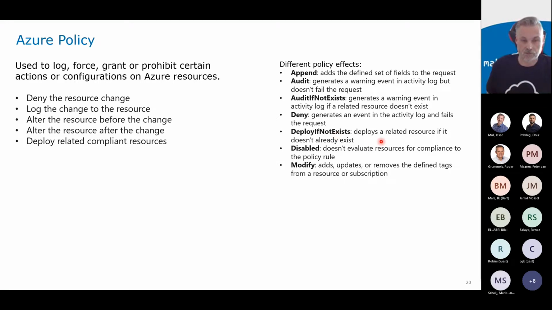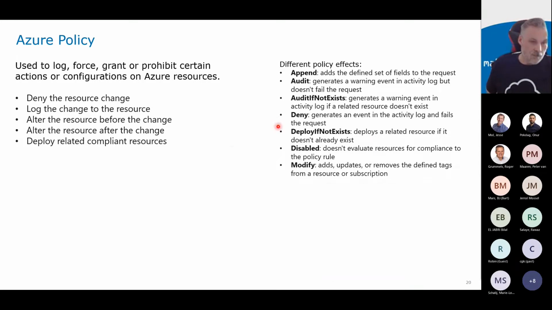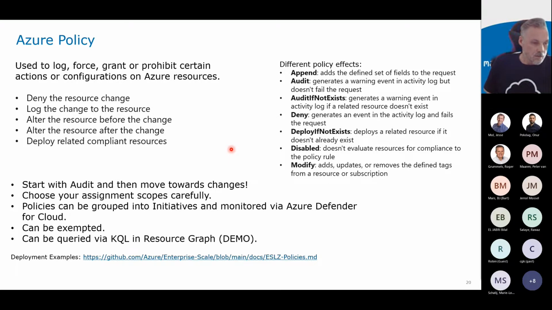It will then deploy the related resource if it doesn't already exist. So my advice would be to start with audit or audit if not exists, and then move towards changes. If this is stable and you don't see a lot of policy violations, then you can move towards the changes.